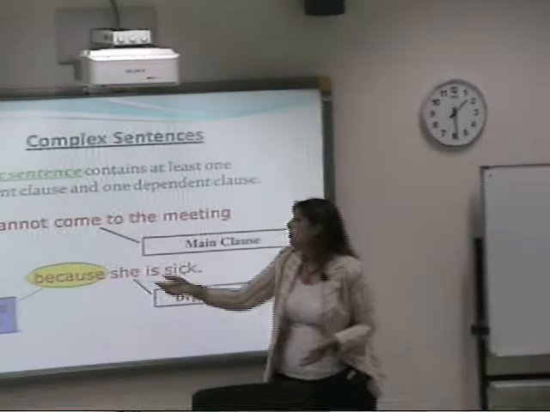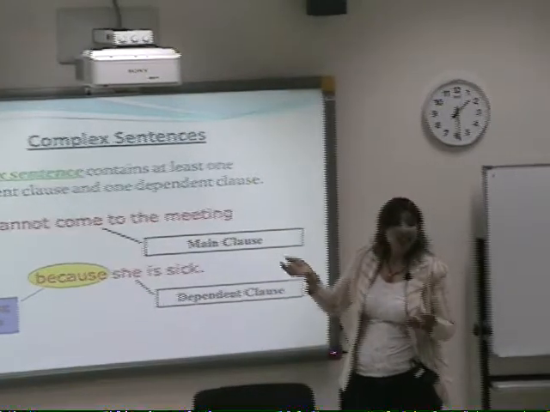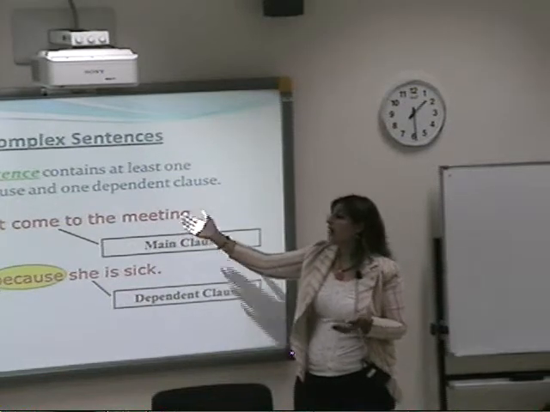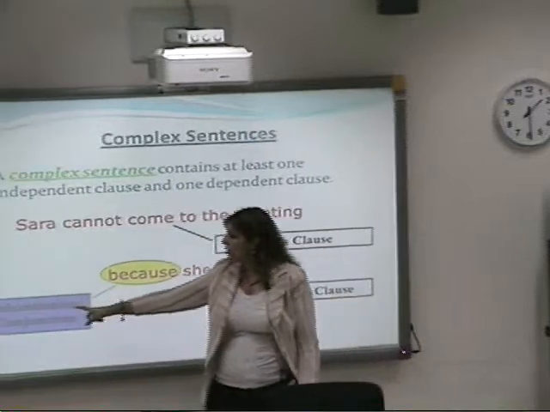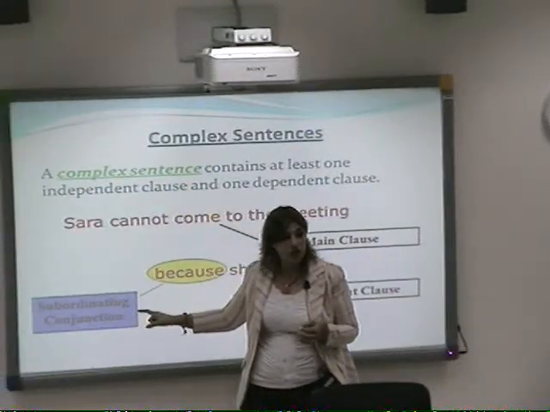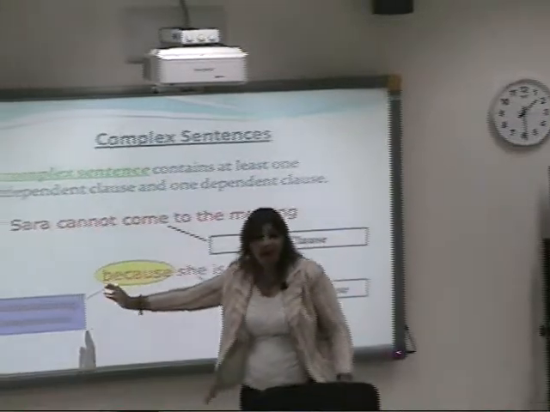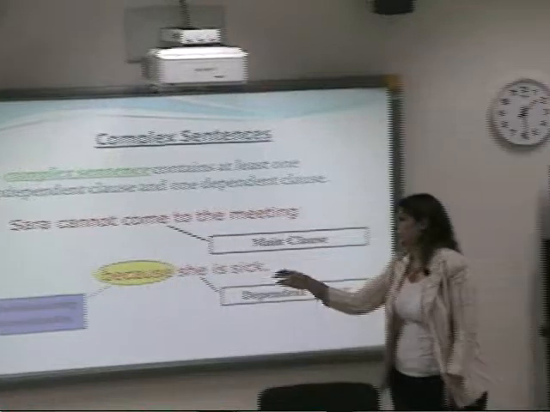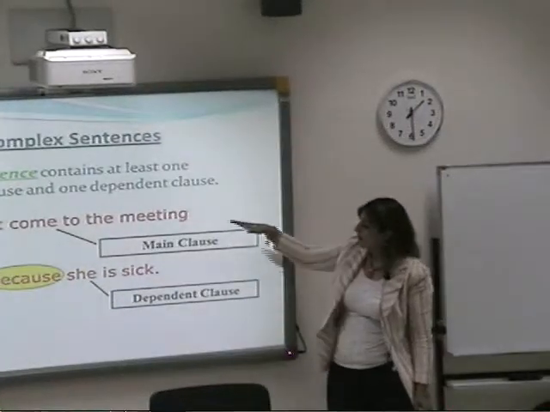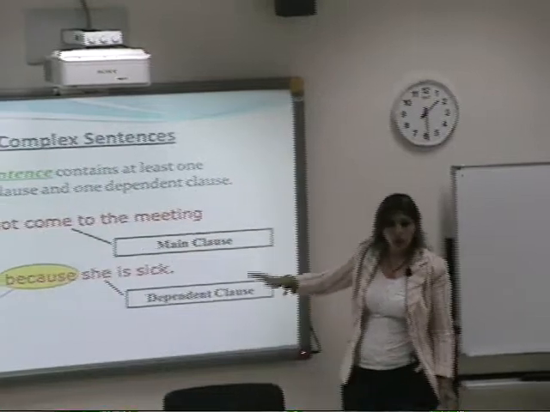So you can say, because Sarah is sick, she can come to that meeting. So because here is a subordinating conjunction, and it joins two clauses, one main and one dependent.